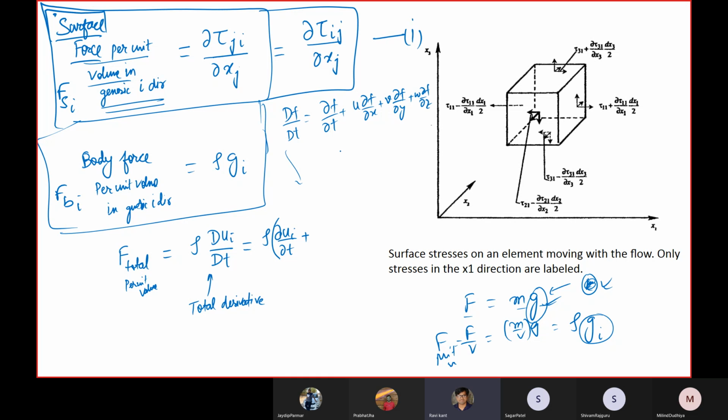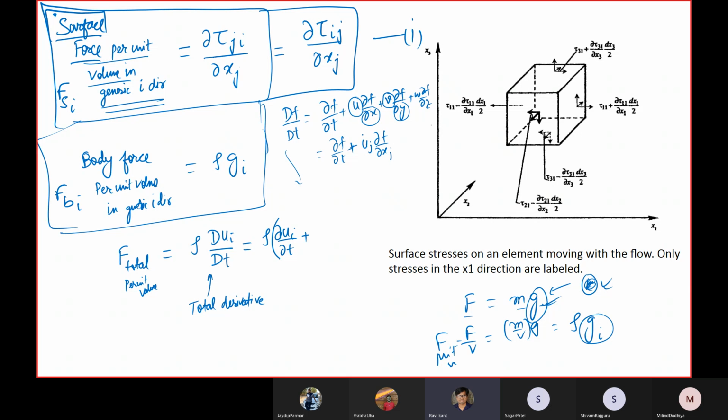In a similar way I want to write it here, in tensor notation: dou f by dou t plus uj dou f by dou xj, where uj is the velocity and xj the coordinate.